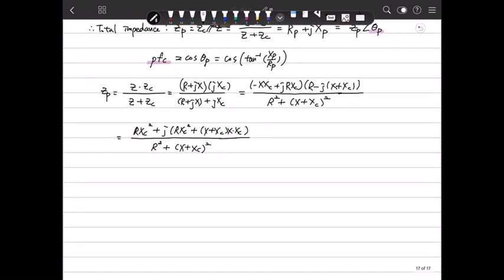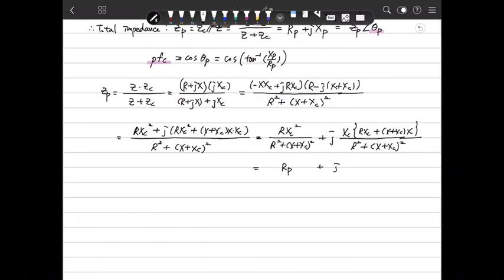So we can rewrite this as R squared plus XC squared over XC squared plus j R squared plus XC squared XC plus X over XC and X. So that will be RP plus jXP.